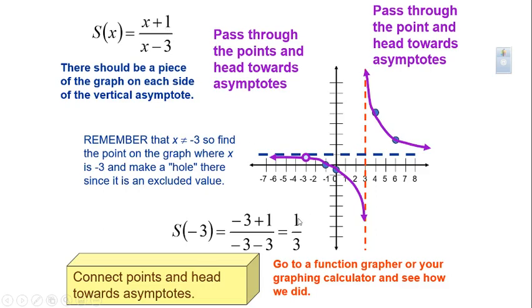But remember, in the original expression, there was not supposed to be a value for -3. So what we do is put a hole at -3, 1/3, indicating that there was a domain restriction. Vertical asymptote at 3, hole at -3, where the graph would have had a value of 1/3. And so you can draw it on your calculator.